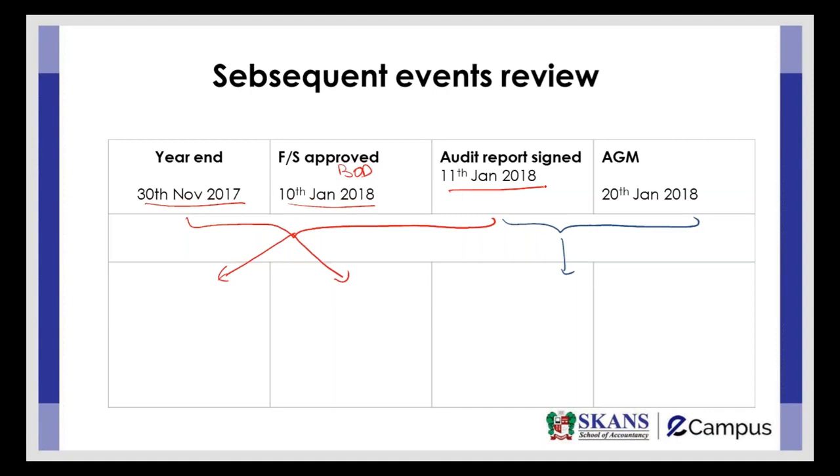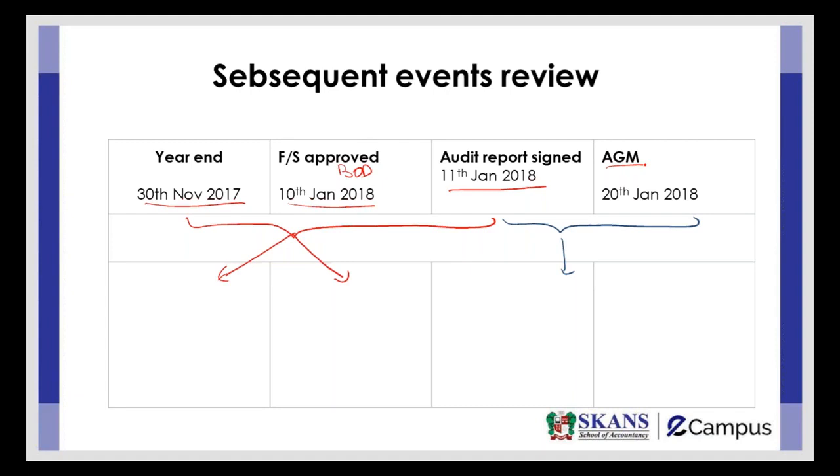So whatever opinion is given, it is on the approved or the final financial statements that have been signed. And the annual general meeting is or was on the 20th of January 2018. So AGM is where you formally present the audited financial statements to the members or the shareholders. So this is the timeline for my story that is up here right now.